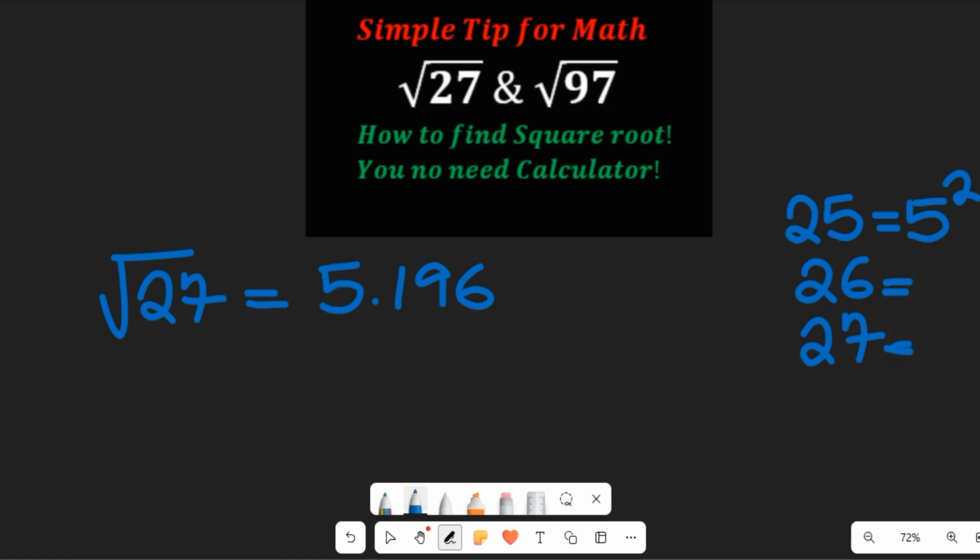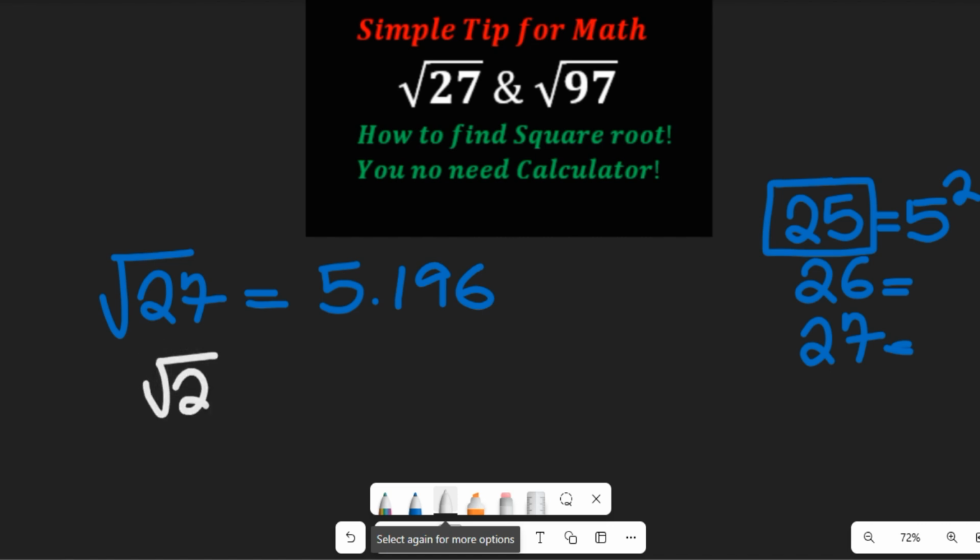Na so we see. So you see say the only number wey get perfect square before 27 na number 25. So we go take that number 25 as the only perfect square root wey dey perfect before 27. So how we go take find the square root of 27 if we no use calculator?